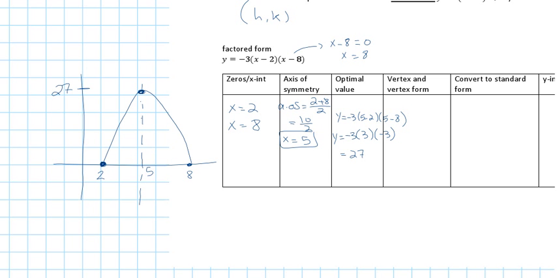So what's my vertex? (5, 27). And then if they're asking me for the vertex form, all I have to do is take my vertex form, which is a(x minus h) squared plus k, and plug in the information that I've already found. a is -3, so y equals -3(x minus 5) squared plus 27, and that is my vertex form.